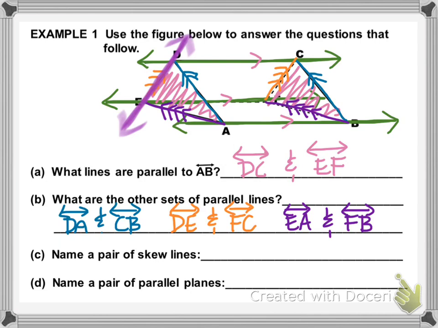And then maybe we're talking about this line CB. So they're in completely different planes. They both come off of the two triangular bases, but the triangular bases themselves are parallel, which means these two lines which are in these planes will never intersect. They're skew, but they're not parallel themselves.